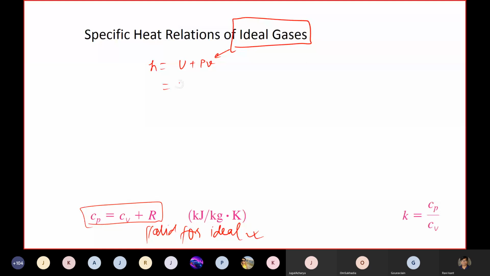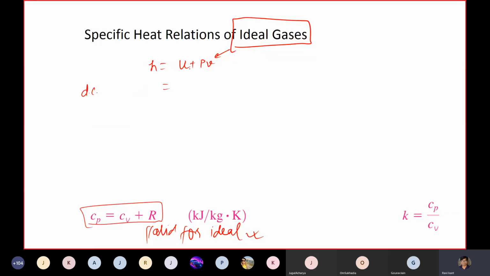So before that, what we can do is differentiate this quantity.